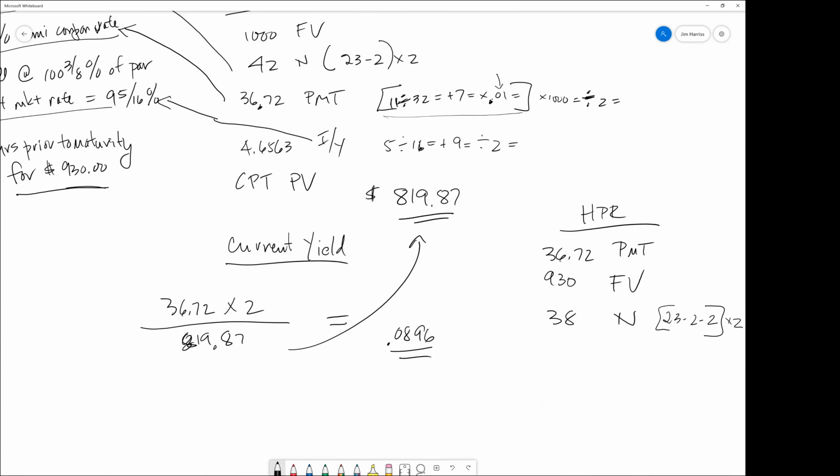Okay. So then, all right, you're going to get 930 for a future value, and here's your plus minus PV. You paid, how much did you pay? What did I say? 819.87 for this thing. Okay. So compute IY. All right, let me do that for you.